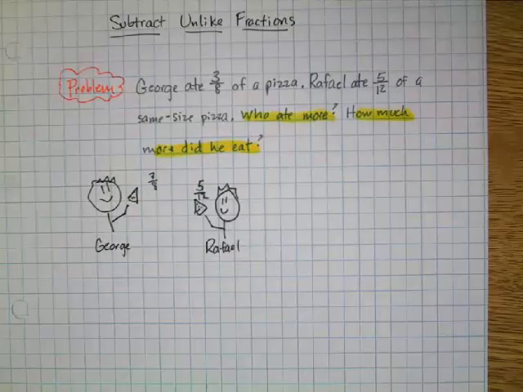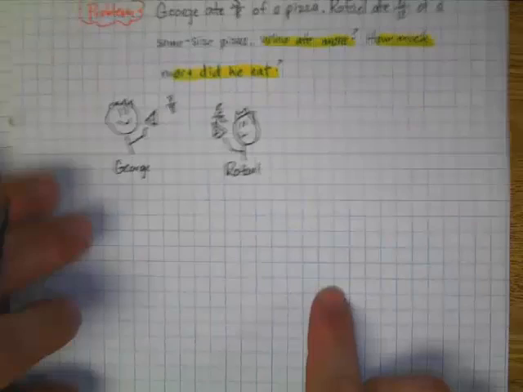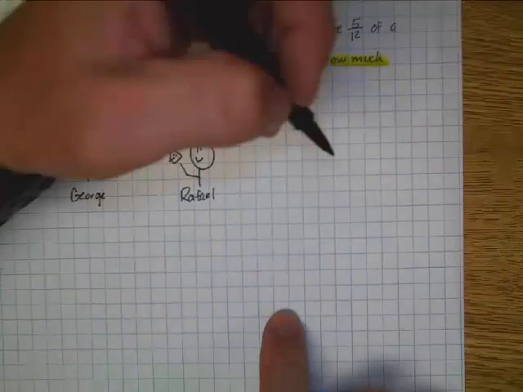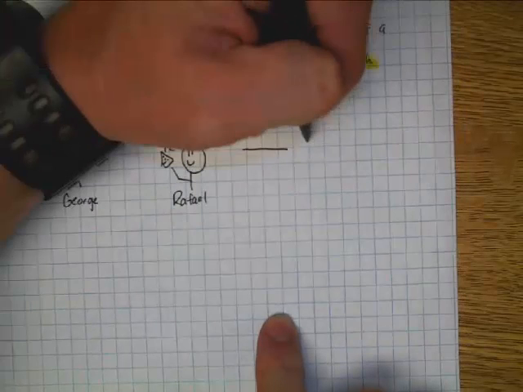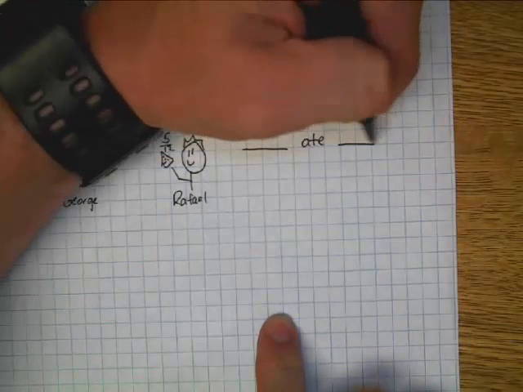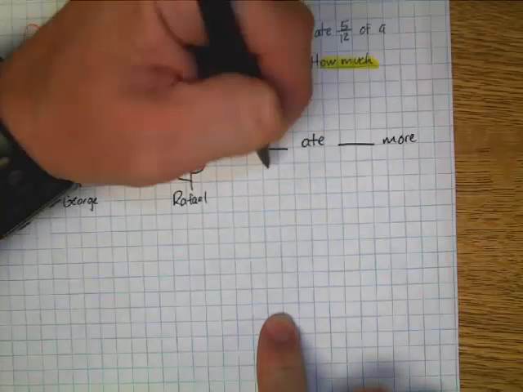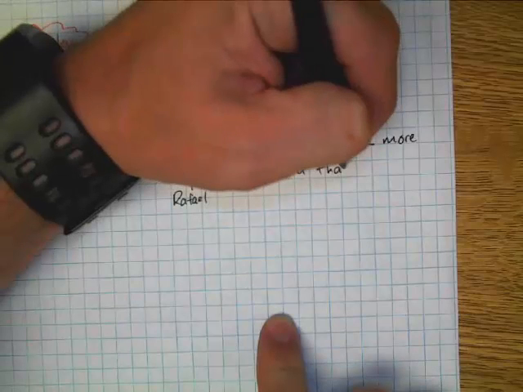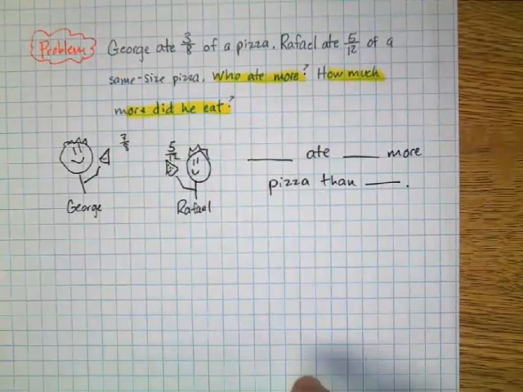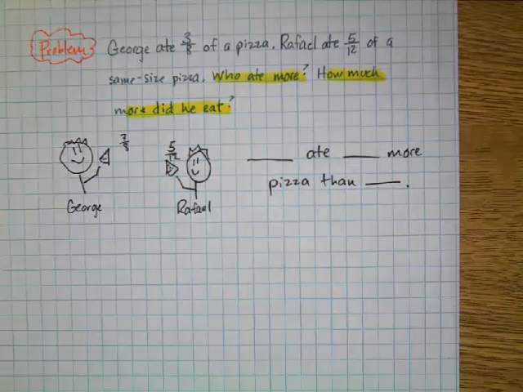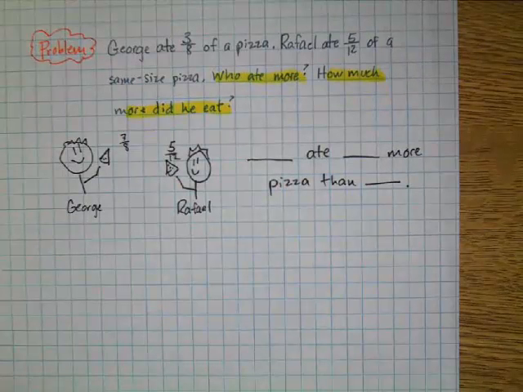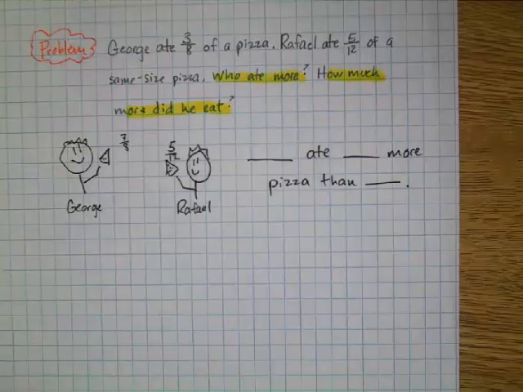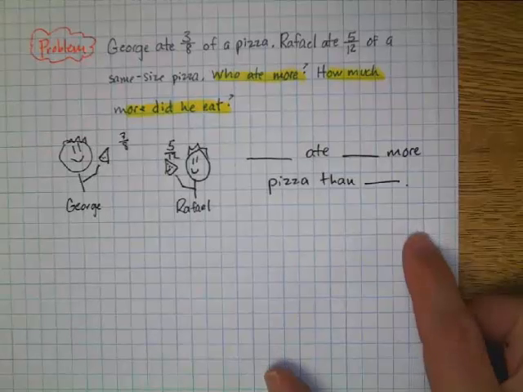One way to do that is to say, blank ate blank more pizza than blank. And the idea is that we have to fill in those blanks. So first of all, it's going to be a statement along the lines of Raphael or George ate a fractional amount of more pizza than the other person. So that's what we need to do there, and that's how we're going to answer that question. So that was rewrite the question as an answer.